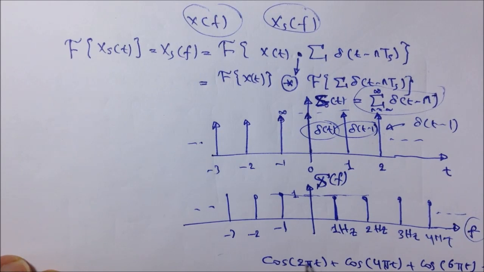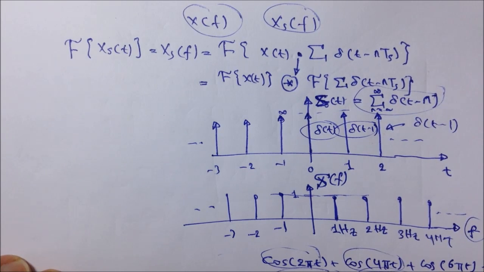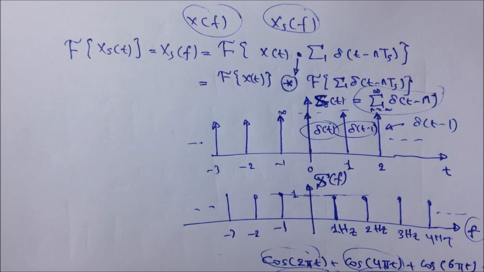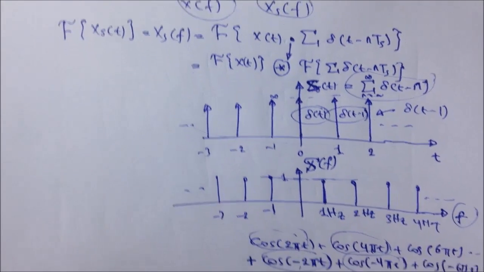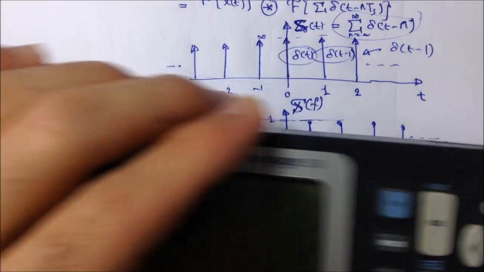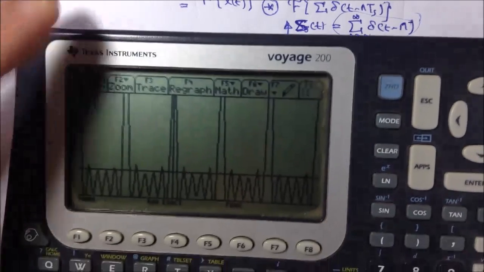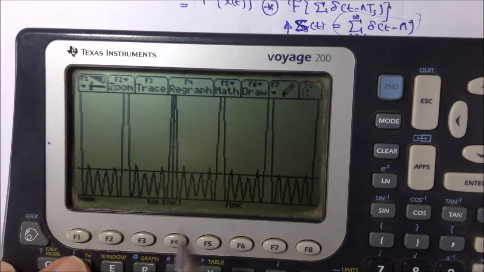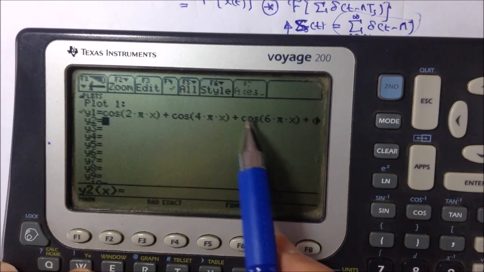So basically, because cosine function is an even function, cosine -2 pi t is equal to cosine 2 pi t, and cosine -4 pi t is equal to cosine +4 pi t. So it will not affect the plot of the signal in the time domain, even if we added these negative frequencies, because the cosine is an even function. So if you remember, all these cosinusoids have a factor of 1, 1, 1.